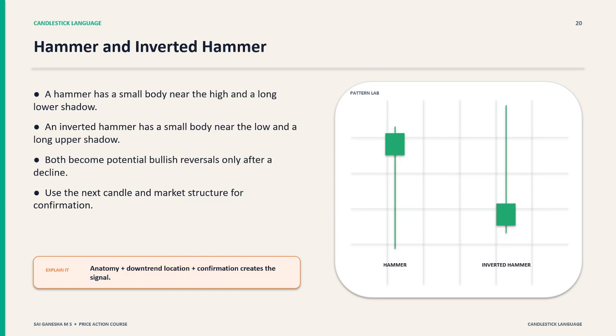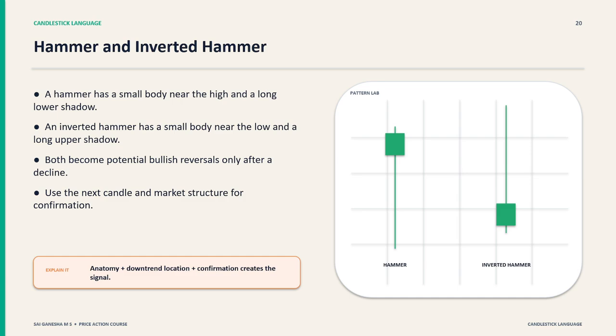Now let's look at the hammer. A hammer normally has a small body near the top and a long lower wick. Just look at the story inside the candle. Price moved down at one point. Sellers were in control and pushed price much lower. But buyers entered from the lower area and pushed price back up before the candle closed.